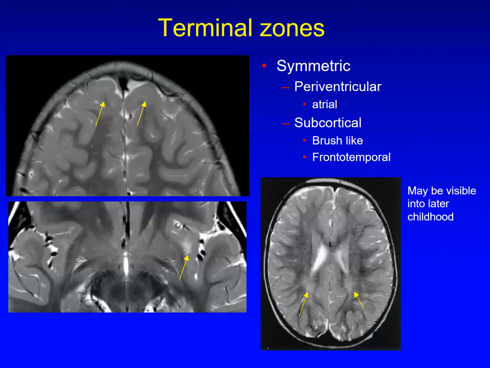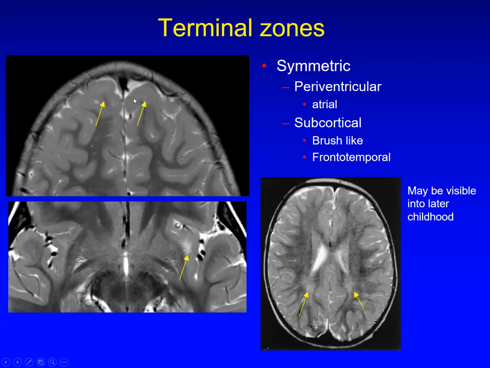Another caveat are terminal zones of myelination. So these are areas that can normally be visible into later childhood. We say they're usually myelinated by 2 years of age, but these really can extend quite a bit later. They have typical locations. One is periventricular, so posterior and superior to the trigone, we can kind of see here. And then the other is subcortical, particularly in the frontal and temporal or subinsular regions.